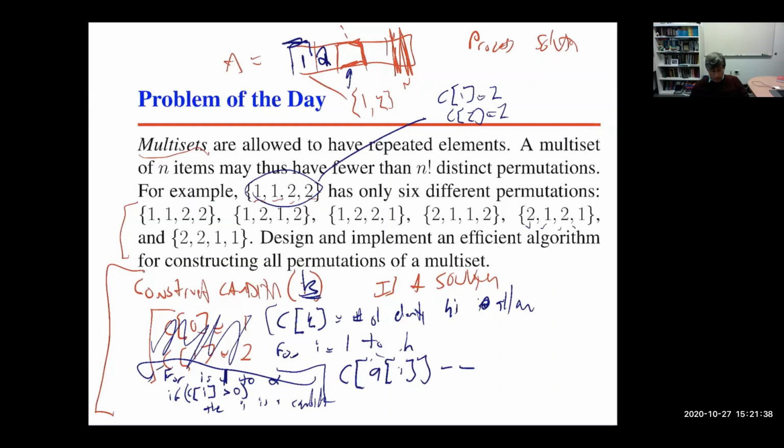Does everybody see what I'm doing here? I know it's looking a little cramped now. What is my construct candidates going to do? It's going to count how many of each letter of the alphabet, each one of my universal set, has not been completely used in the prefix.